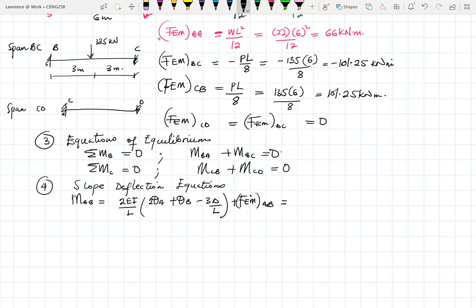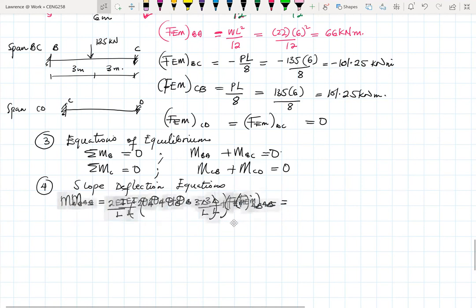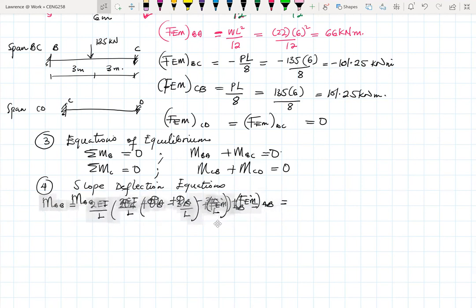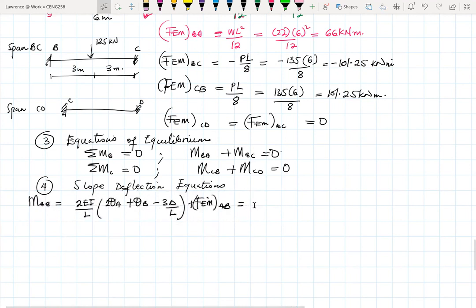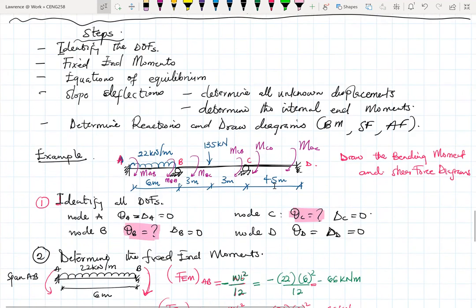Let's put in the values just so that we appreciate what is happening. Going back to the question, EI is constant, so the EI for the various spans is the same throughout.